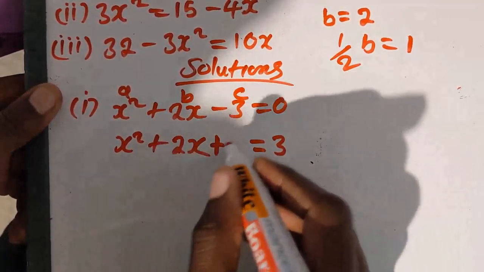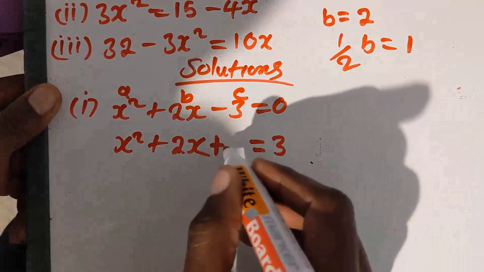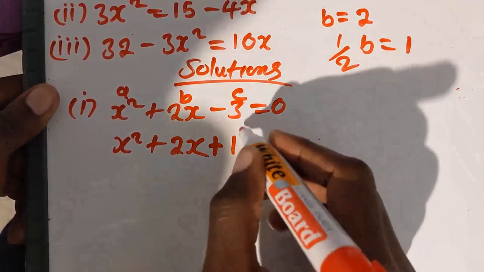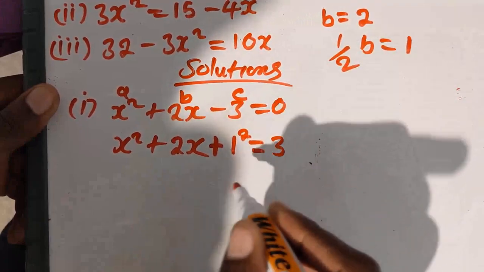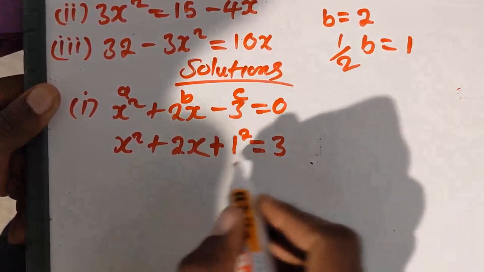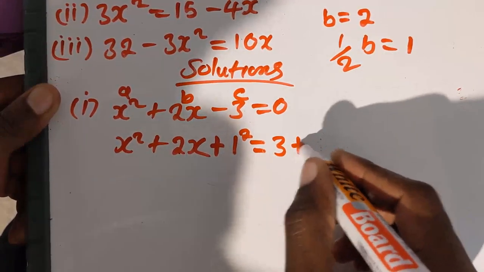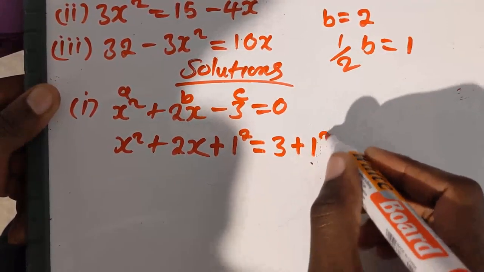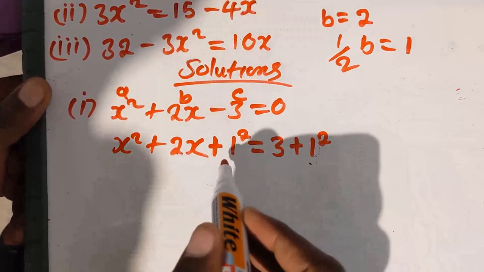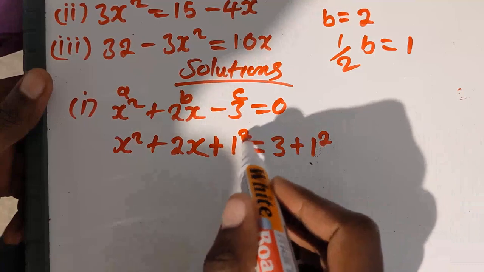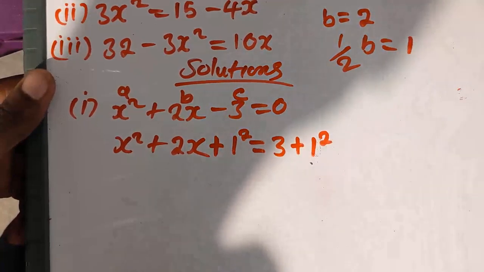So add half of b here, which is 1, but square it. Then whatever you are doing this side, do it the other side. So here we are adding half of b as well. Remember this, whatever you are doing this side, do it the other side. So add half of b, but square it.